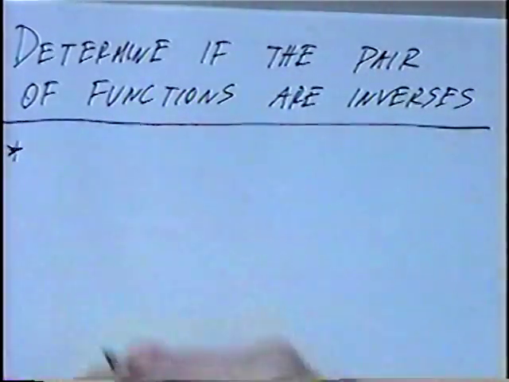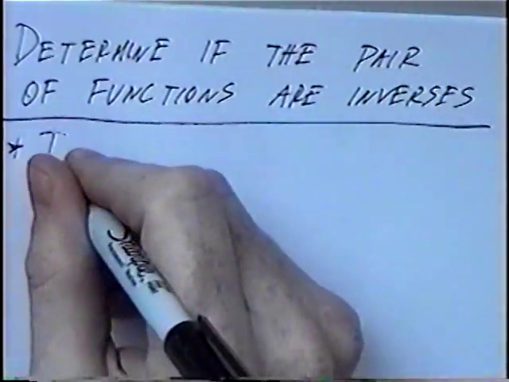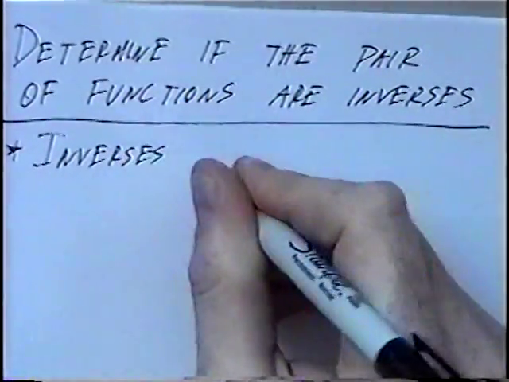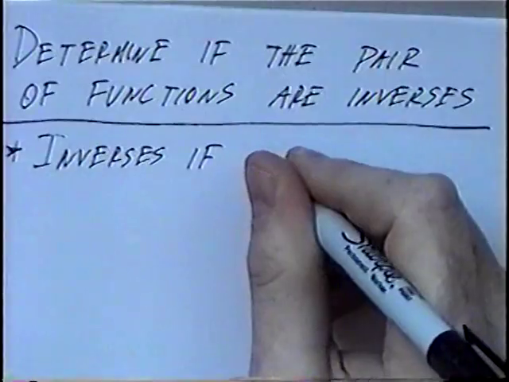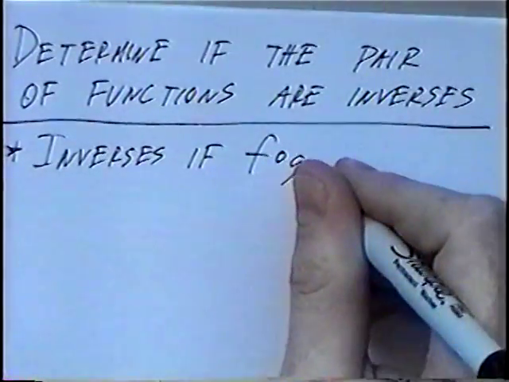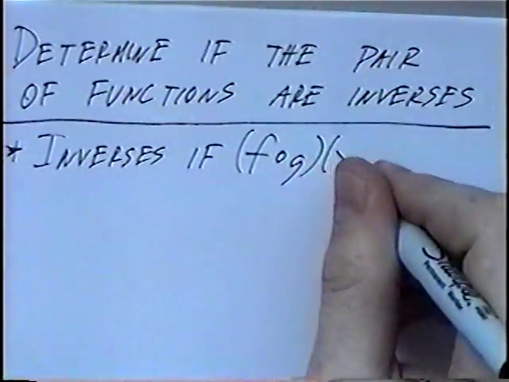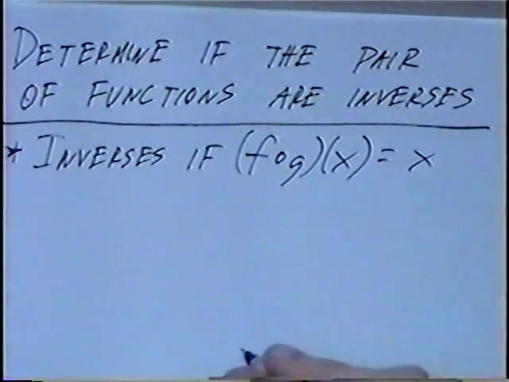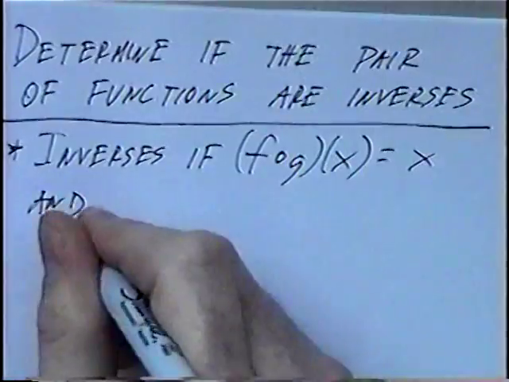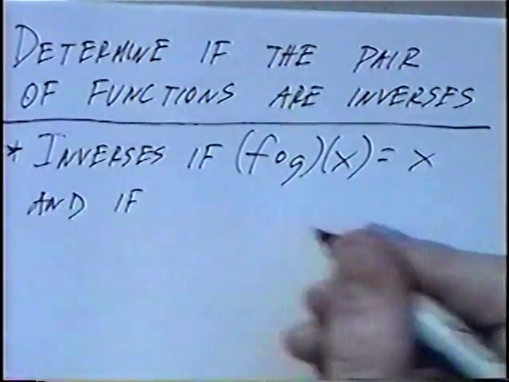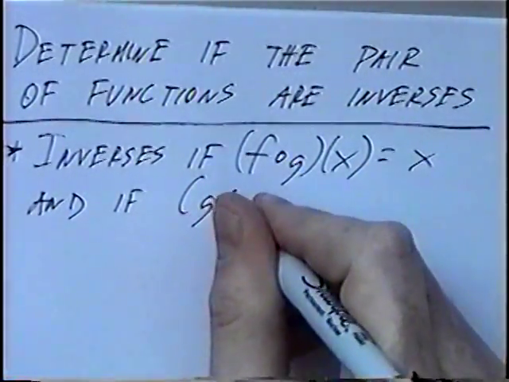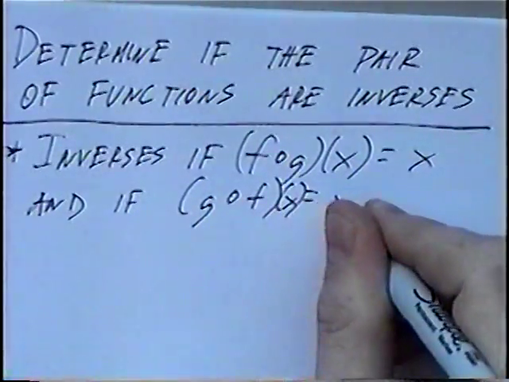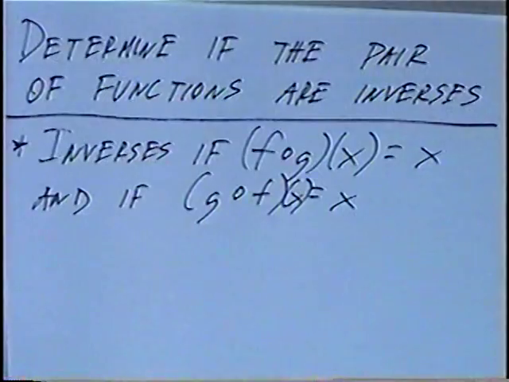The definition for the section: inverses. If f composition g of x is equal to x, and if g composition f of x is also equal to x.